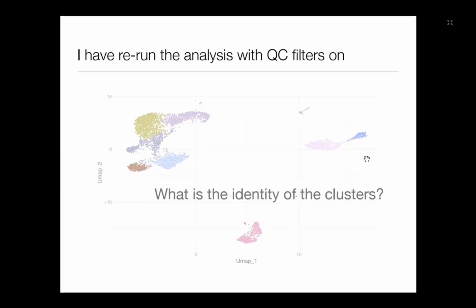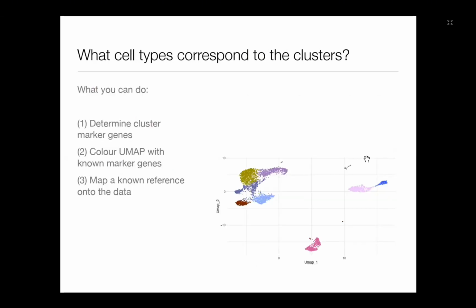So now actually, what are the clusters? What is the identity of the clusters, right? We want to know what the cells actually are. There are 3 things we can do now. We can determine cluster marker genes for every cluster. These are genes that are especially up or down regulated in one cluster compared to all the other clusters.